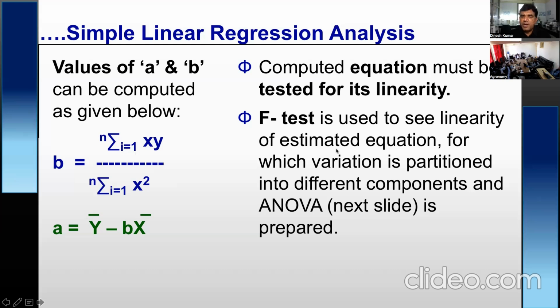Variation is partitioned into different components and ANOVA is prepared. We have fitted this equation and now we want to test the linearity. What we are actually doing here is testing the significance of the regression coefficient. The regression coefficient is B.